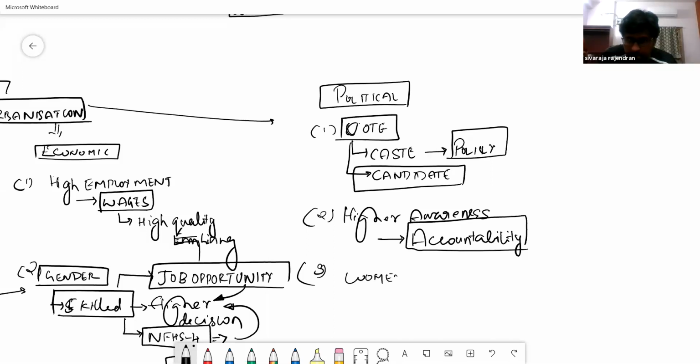Women participation. Actually, women participation in both rural and urban is true. Both rural and urban, if you see, participation of women in politics is high. Representation is low. Okay. Both in rural and urban area, more than the men, women are more aware. Right? In rural areas it is very true.